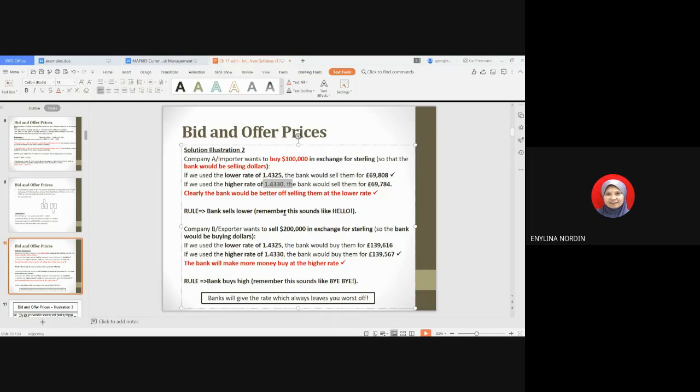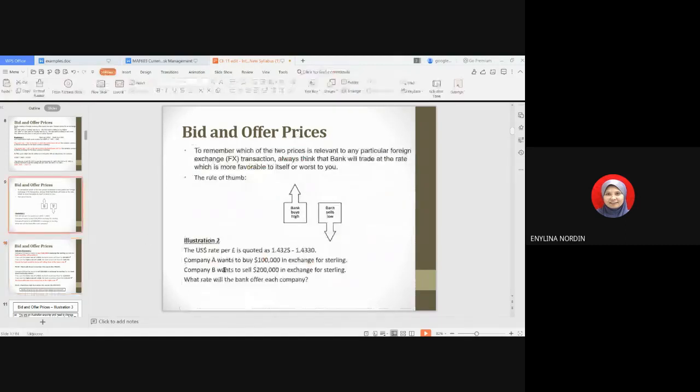The next example is company B, which wants to sell $200,000, to convert the dollar into sterling. Maybe this is for the exporter.